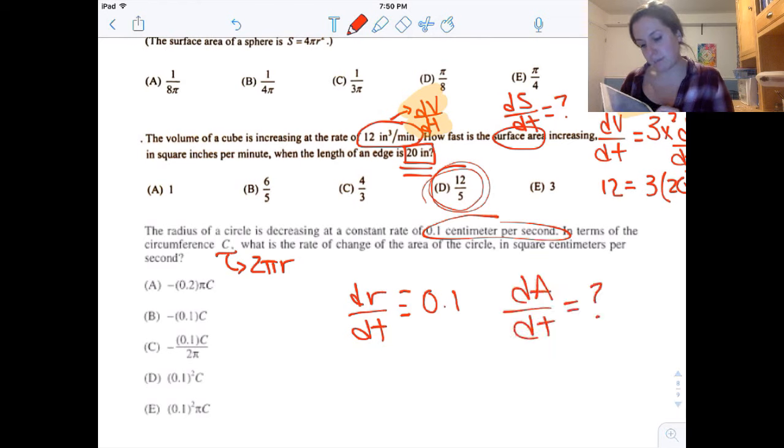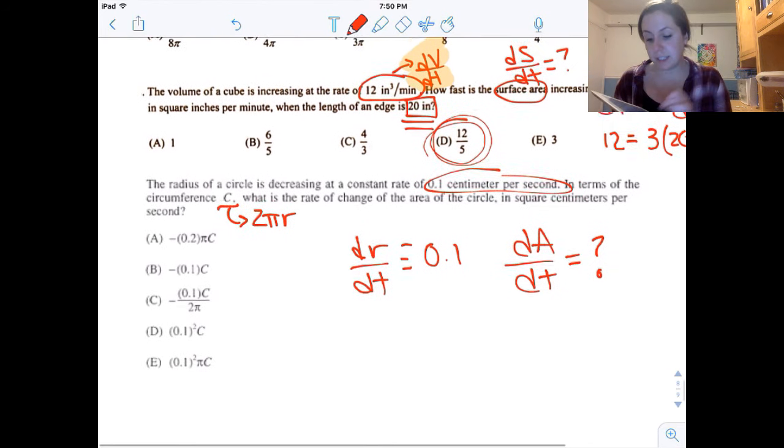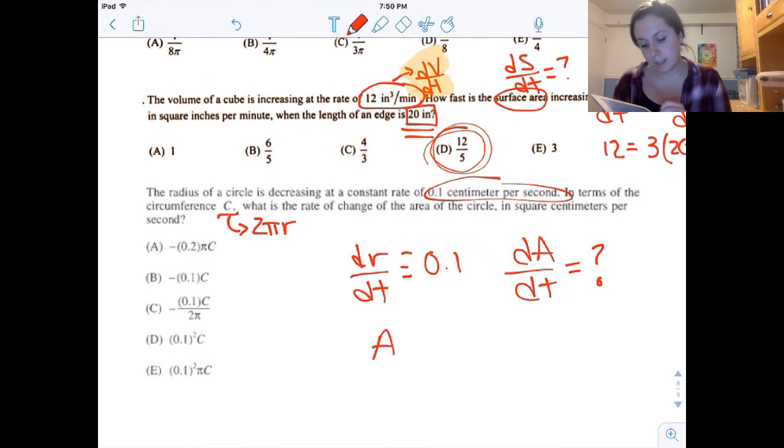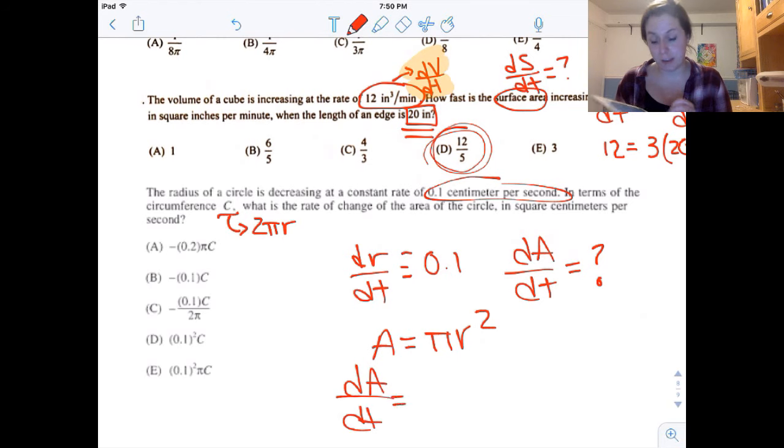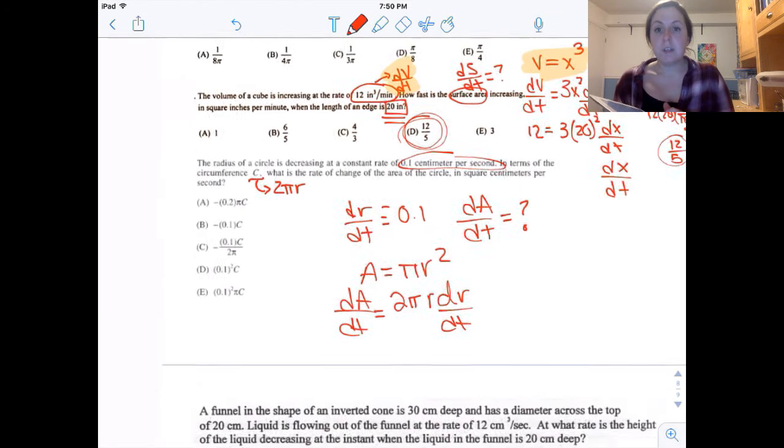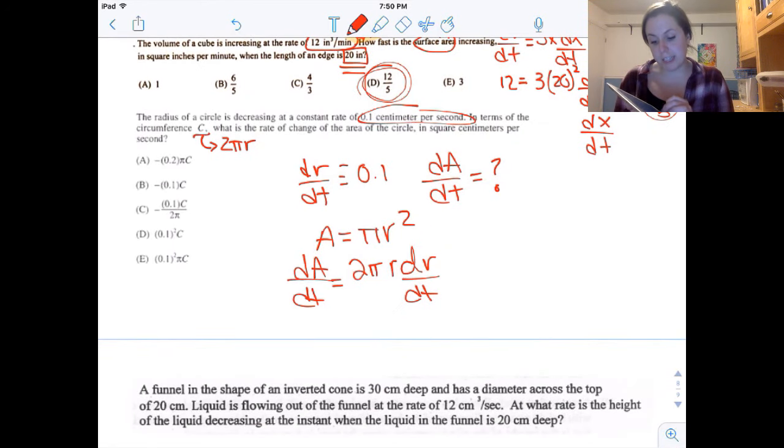Okay, so let's start by just thinking about A. This is a circle, so area is pi r squared. So dA/dt, because that's what I'm trying to find, would be 2 pi r times dr/dt. Now think about what I know. dr/dt is negative 0.1 times 2 pi r.